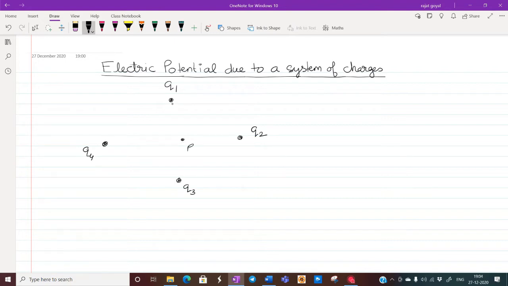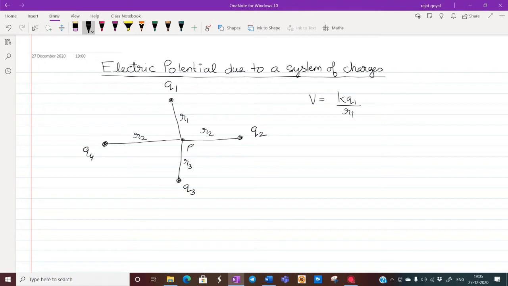So what we have to do is find the individual distances R1, R2, R3, and R4 of this point from all the individual particles. Now, as the distance from Q1 is R1, the potential due to Q1 will be K Q1 by R1.